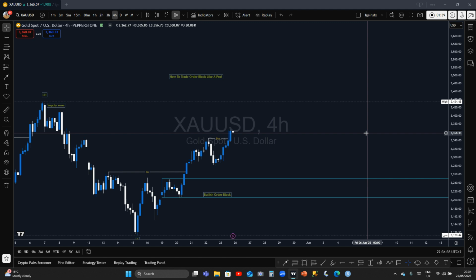You know, order blocks, and what are order blocks? Order blocks are a zone, a particular point or a level in the market where financial institutions place their position, where they take position.